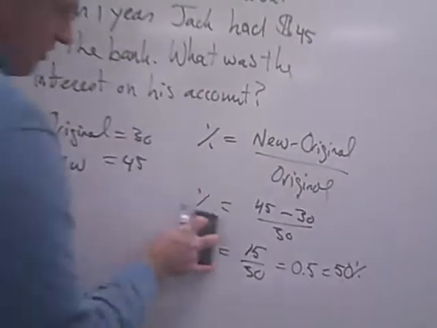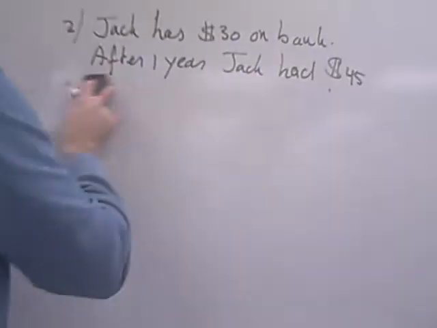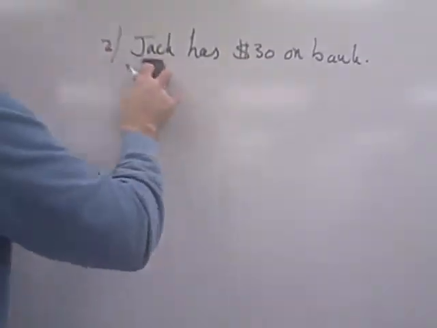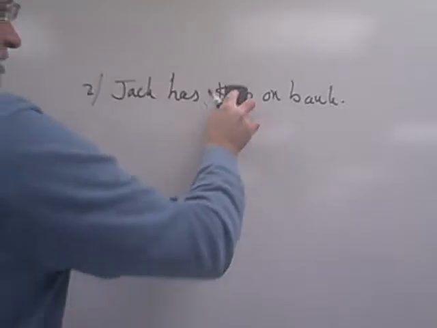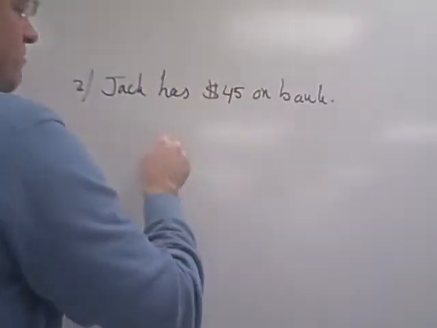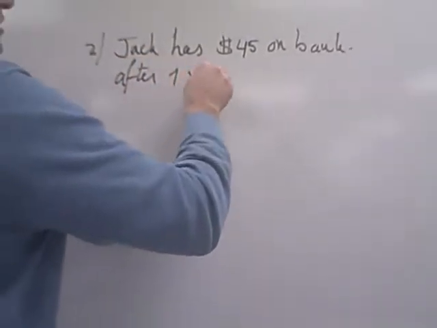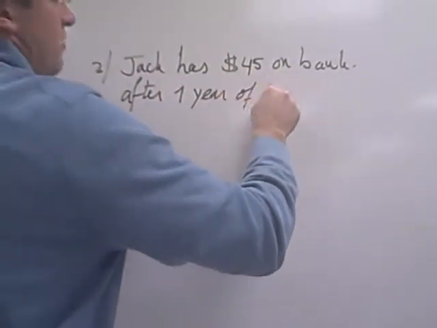So let's look at the third category, in which we aren't given the original number, but we're given the new number. Jack has $45 on the bank after 1 year of interest.